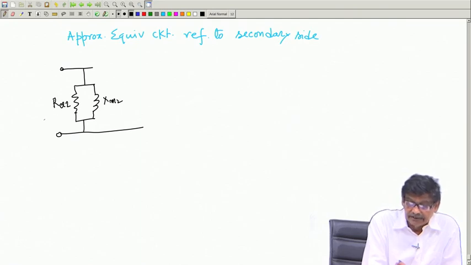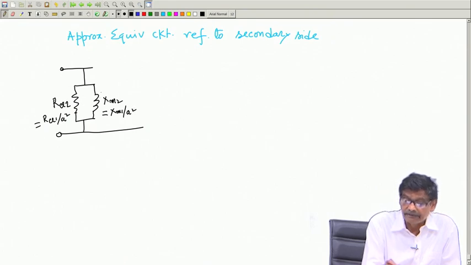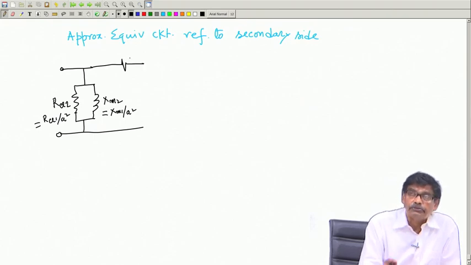And this RCL2 is nothing but RCL1 by A squared. From this side to that side, things are to be divided. In terms of XM1, it will be by A squared, and I will now show it and leave it to you to verify it is indeed true.